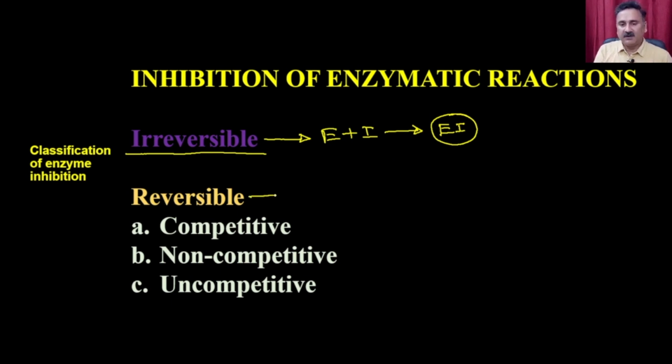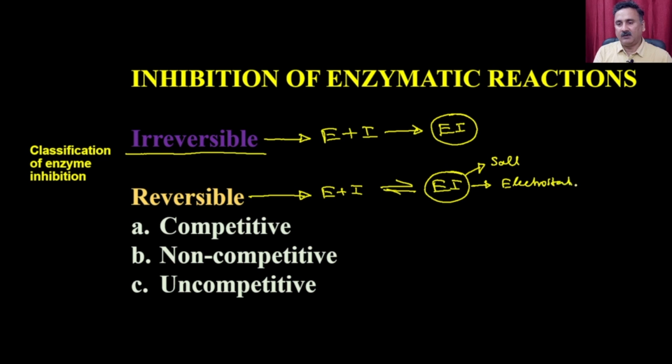Whereas in the case of reversible inhibition, the enzyme interacts with the inhibitor and it is reversible. This enzyme-inhibitor complex is mediated by reversible forces such as salt bridge interactions, electrostatic interactions, and hydrogen bonding.